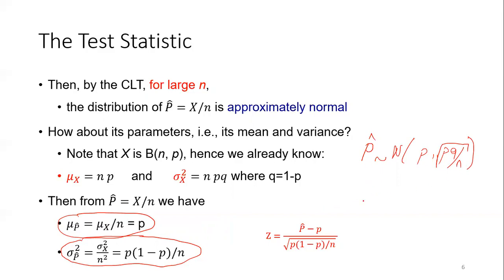Since this is normal, if we subtract its expected value and divide by its standard deviation, then this is a standard normal, right? That's great. That's a standard normal random variable.